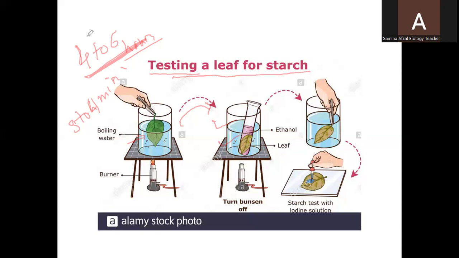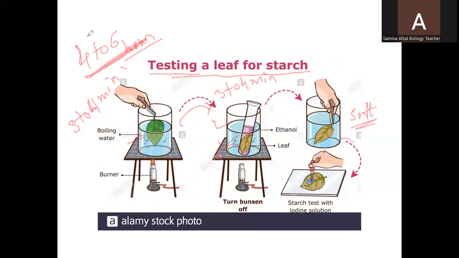We will dip the leaf into it, which will decolorize the leaf: the color goes into the ethanol and the leaf becomes colorless. Keeping it in the ethanol for about 3 to 4 minutes makes the leaf hard and brittle, so we will dip it for a while into hot water to make it soft.